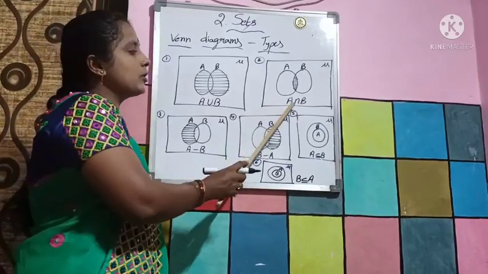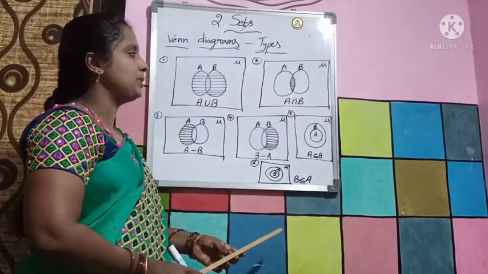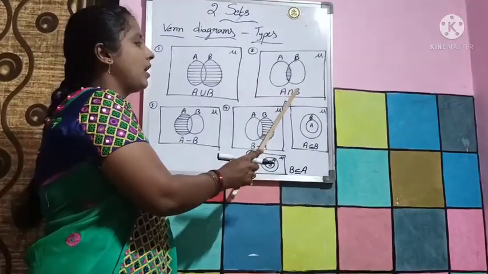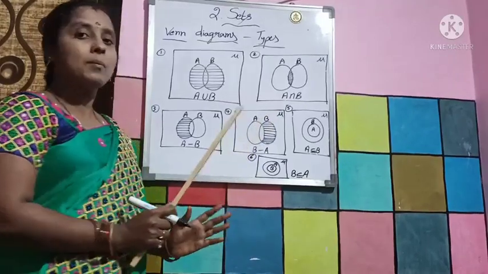Next, A intersection B. A intersection B means from set A elements and set B elements, we choose the common elements.